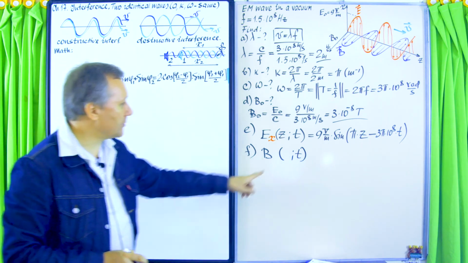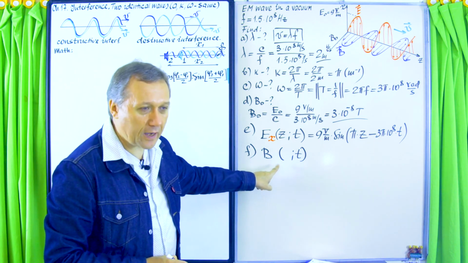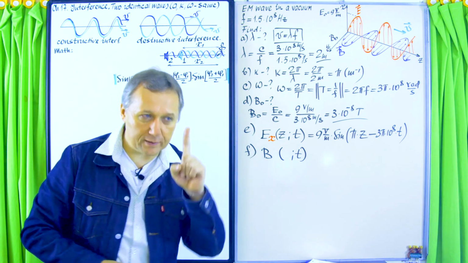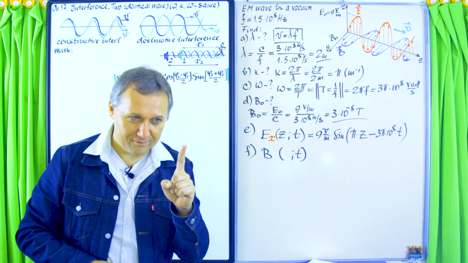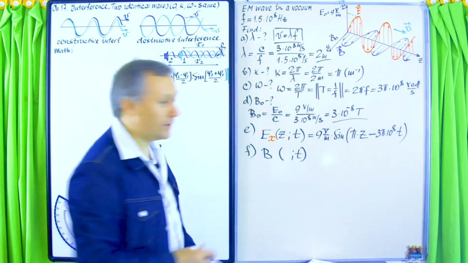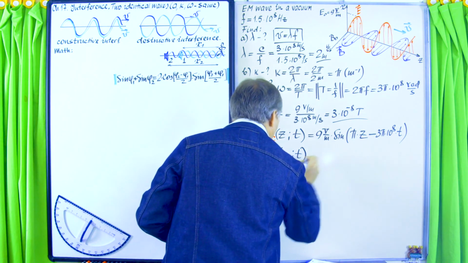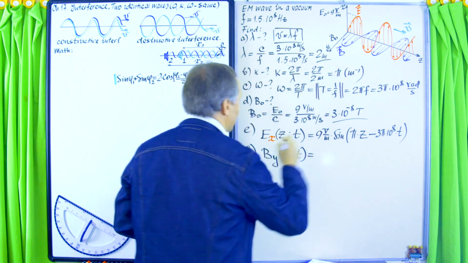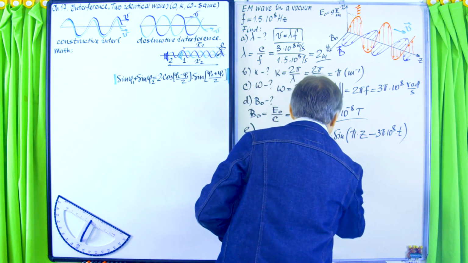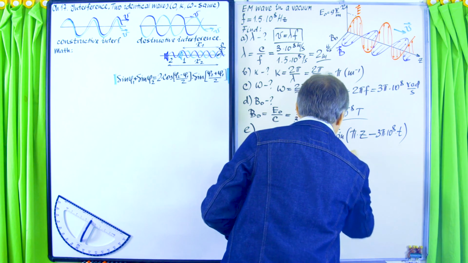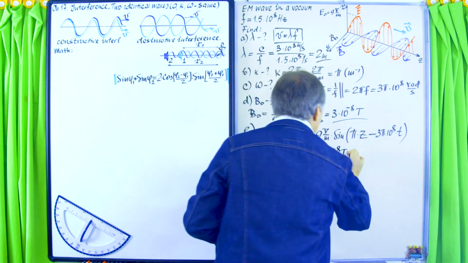Again, the subscript is going to tell us along which axis the magnetic field oscillates. It oscillates along y, so B sub y. Then, of course, the amplitude is 3 times 10 to the power of minus 8 Tesla.